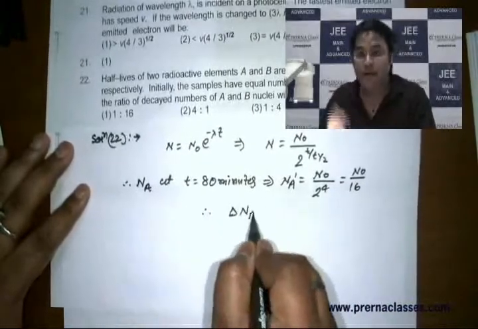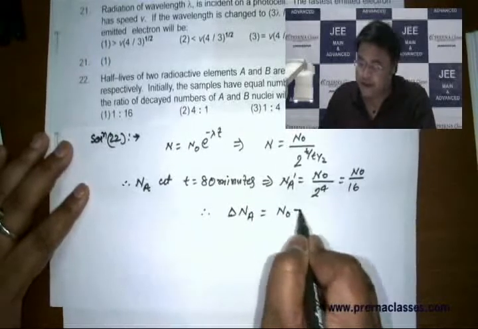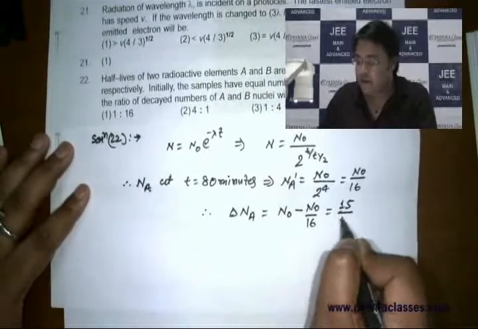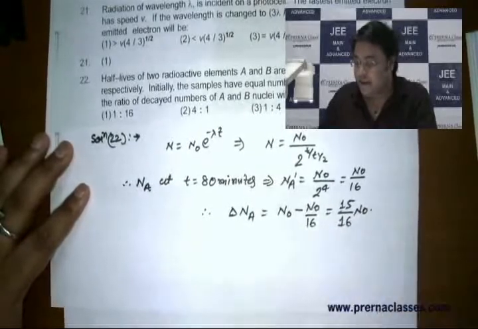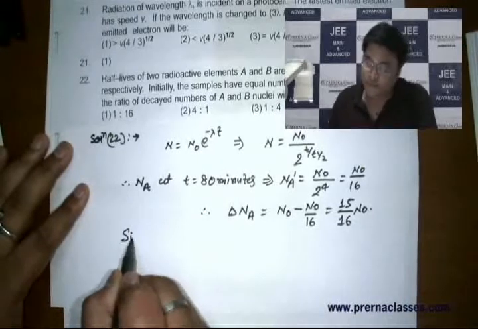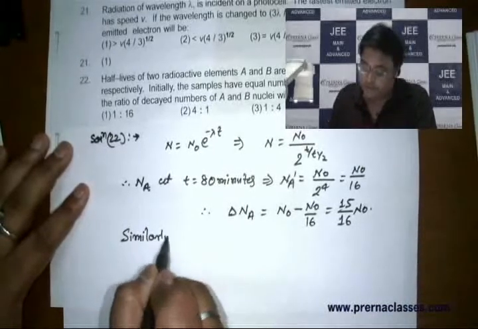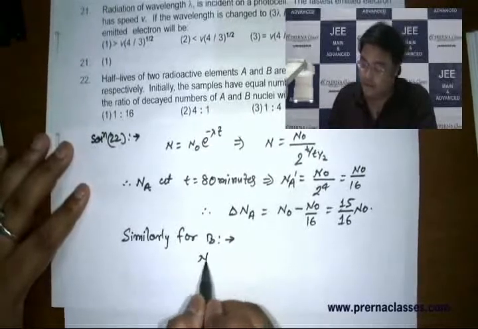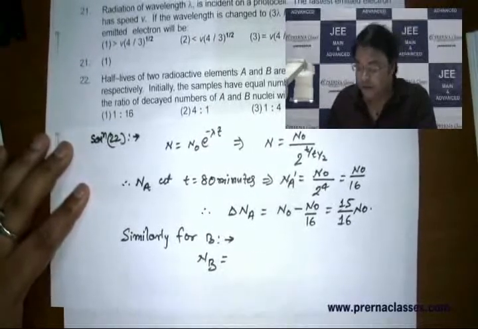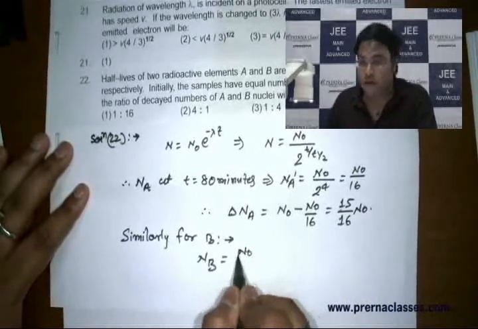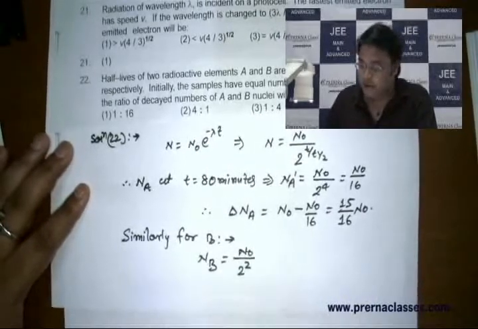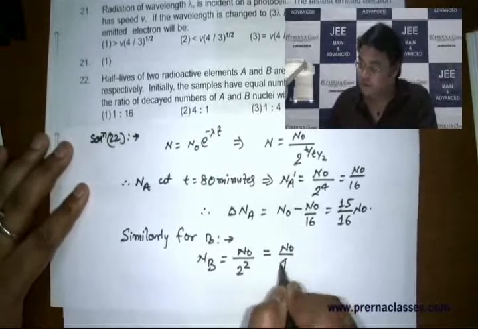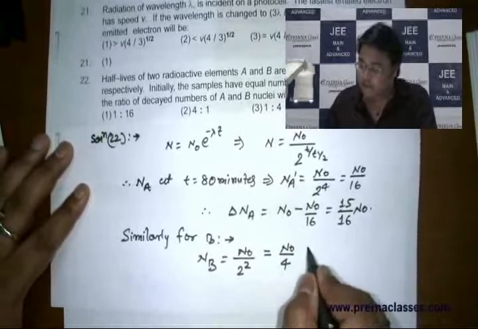So the number of nuclei decayed of A, that means delta N A, is equal to N naught minus N naught by 16, or you may write it as 15 by 16 N naught. Similarly for B, the number of nuclei of B after 2 half-lives is N naught by 2 to the power 2, so it is N naught by 4.